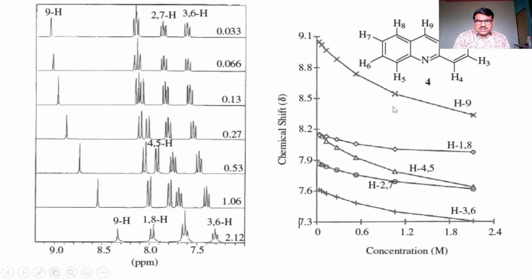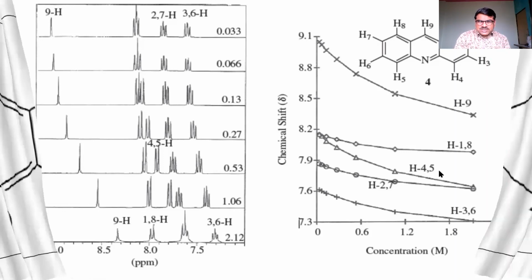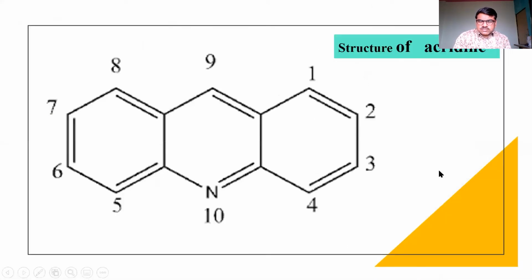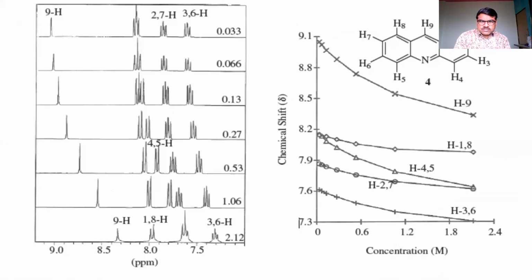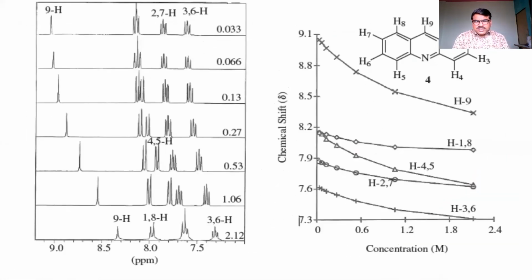When concentration increases, the chemical shift initially 7.3, then 7.6, 7.9, 8.2, 8.5, 8.8, and 9.1. By that way you can increase the shift of the proton at the 9 position.